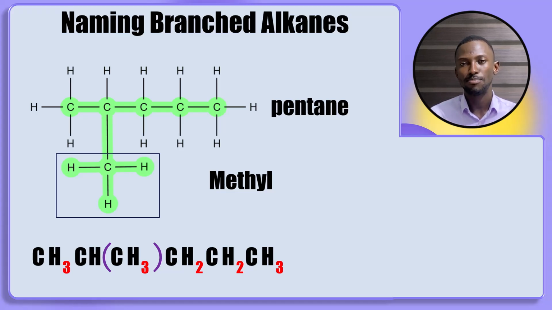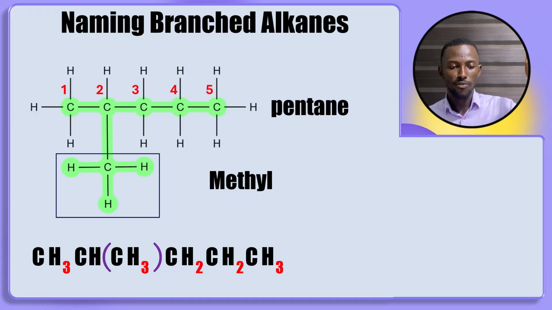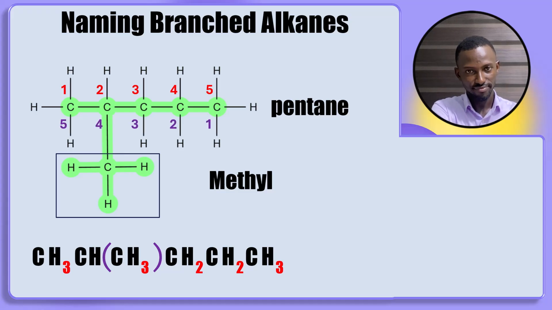It means we first have to number the longest continuous chain. We number from left to right and from right to left. The reason is simple. We want to check which numbering gives the lowest position possible for the branch.